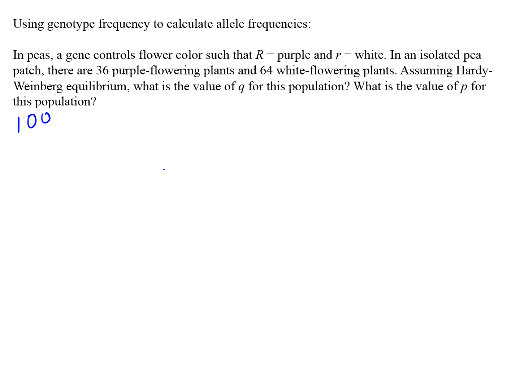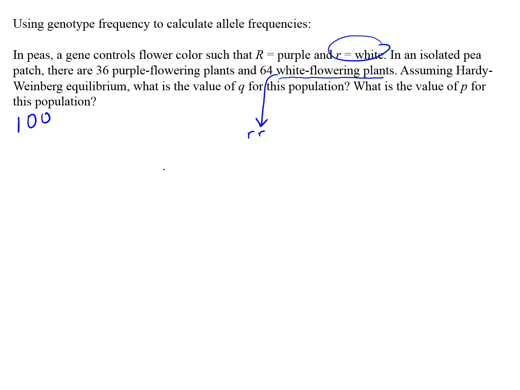If we have a total of 100 plants, we want to focus on the ones that are white flowering. The reason we're focusing on these is that the white is the recessive trait. So we know that the genotype for these 64 individuals is homozygous recessive. And remember that homozygous recessive is our Q squared portion of our Hardy-Weinberg equation.